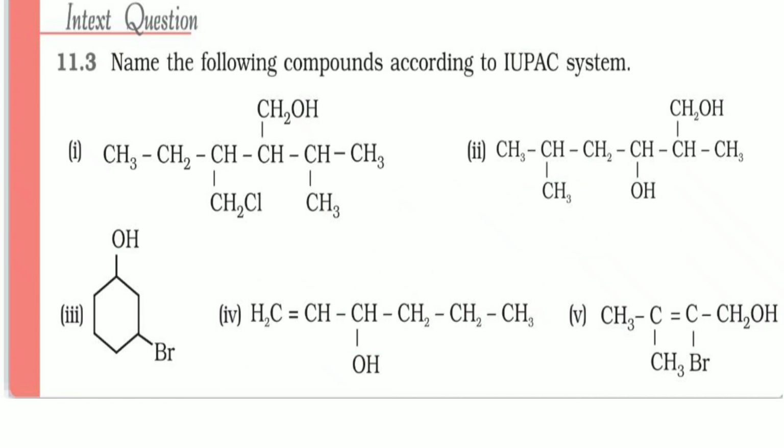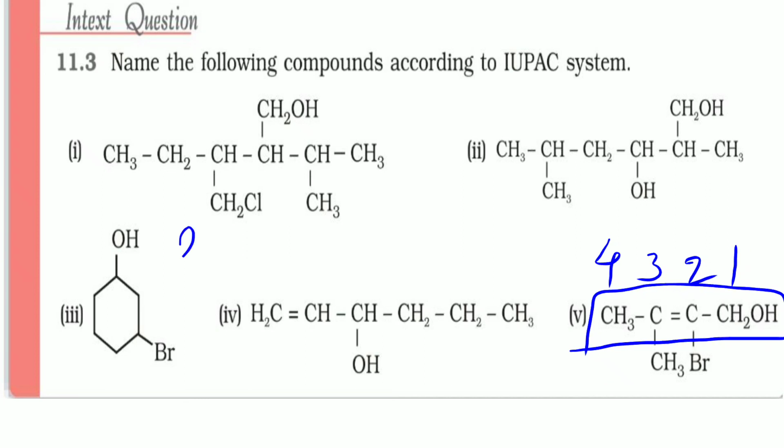Now in the next one, first we need to identify the long chain. The long chain we have identified, and from the left side we can give the numbering 1, 2, 3, 4. Now at number 2 there is bromine, so we can write 2-bromo. At number 3 there is methyl, so we write 3-methyl.